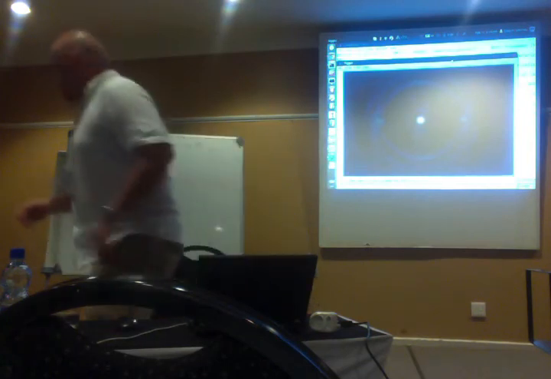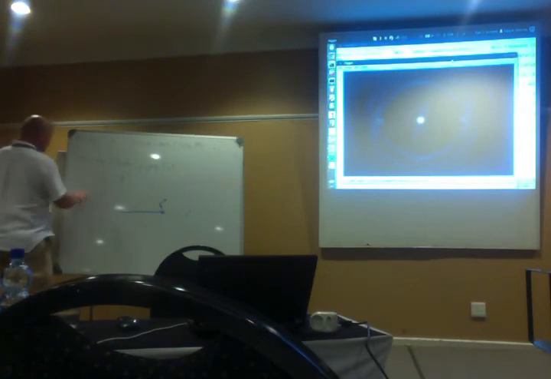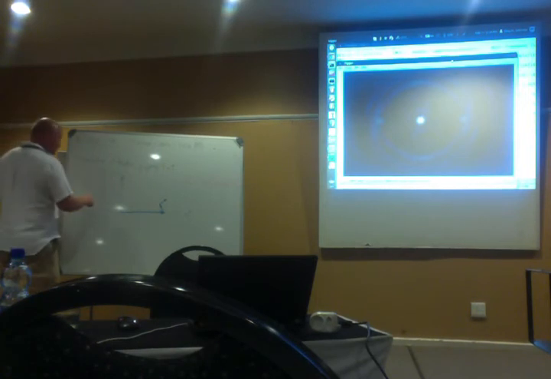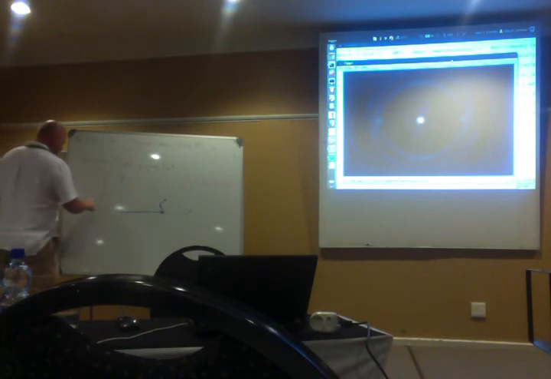Well, basically your beam size scales as a function of frequency, right? So if this is the beam for a 12-meter dish, then the same dish at 6 meters is going to have a beam pattern that's essentially twice as wide.